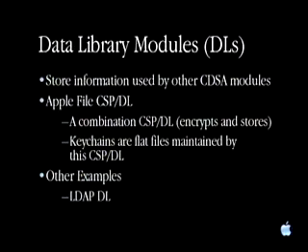We could have done it as separate ones, but it just turned out to be convenient to put it in one module. Another example of a DL that we don't have now, but would be not too hard to write, would be an LDAP DL. So you could store things, particularly say certificates, in a public LDAP directory.